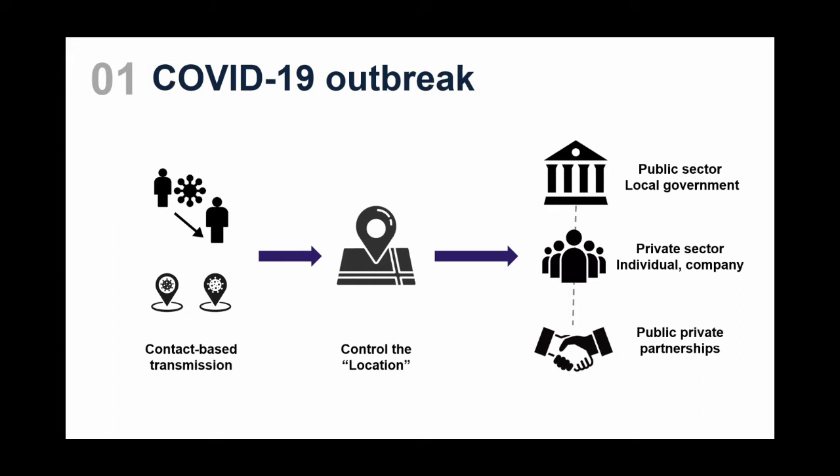I would like to talk more about the characteristic of this COVID-19 virus. Because it is contact-based transmissible, we had to control the location. So different organizations, including public sectors such as local government, the private community, and also public-private partnerships, developed several location-based apps and launched them quickly so that the community would not be further infected by the virus.